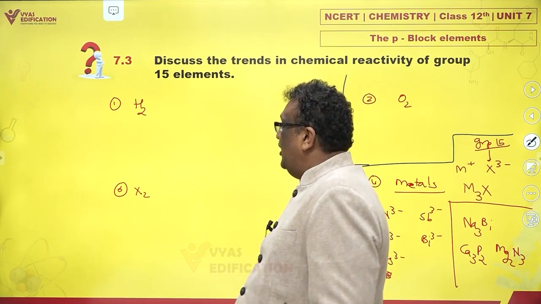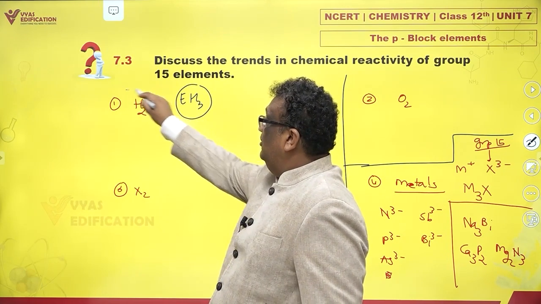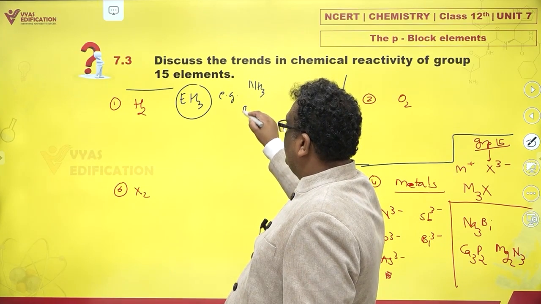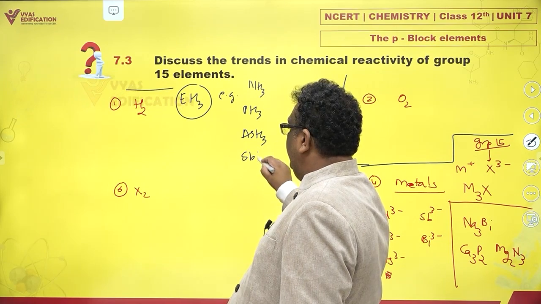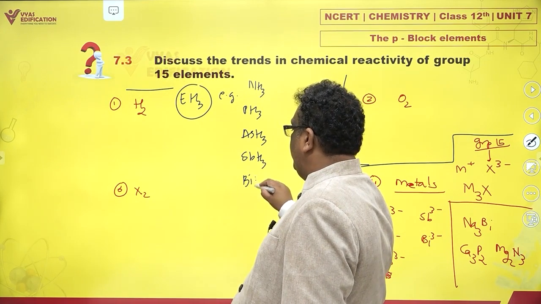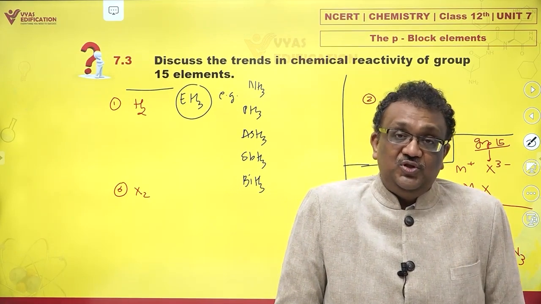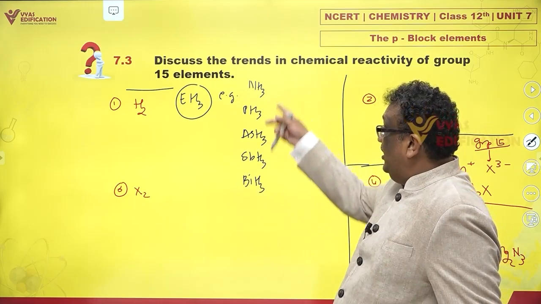Like with hydrogen, you get EH3. For example, nitrogen can form NH3, phosphorus can form PH3, arsenic can form AsH3, SbH3 and BiH3. They mention that these hydrides are possible, and then they start talking about the trends of reactivity of hydrides.